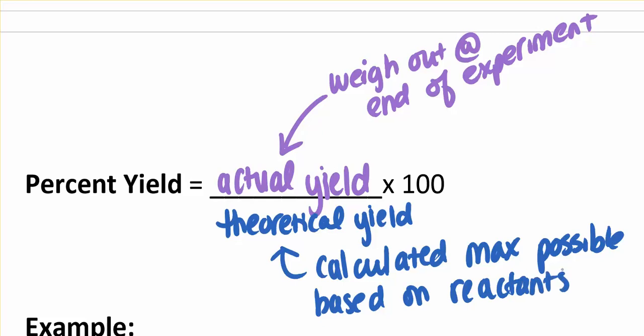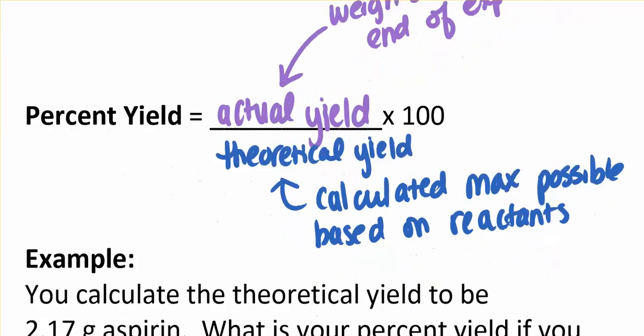We're going to base ours on how much salicylic acid we use, because we're going to use an excess of the other reactant. So the lab manual will step you through how to do this calculation. It gives you a little setup, and you just plug in the amount of salicylic acid you used to get that maximum possible. And then you'll calculate a percent yield.